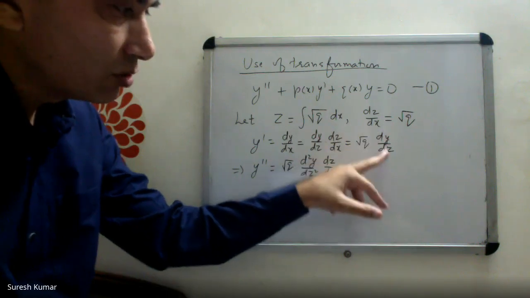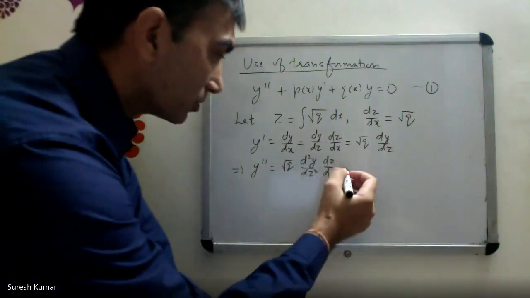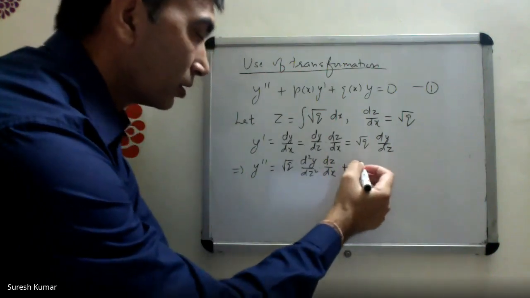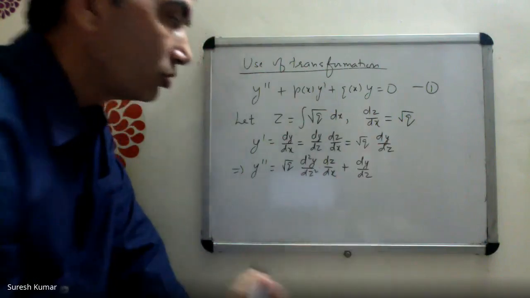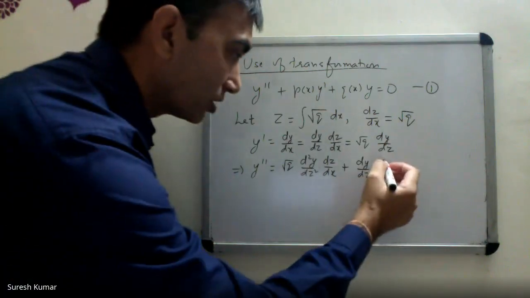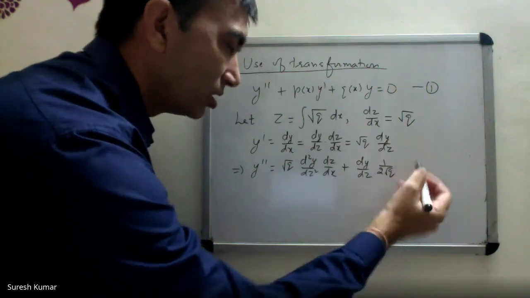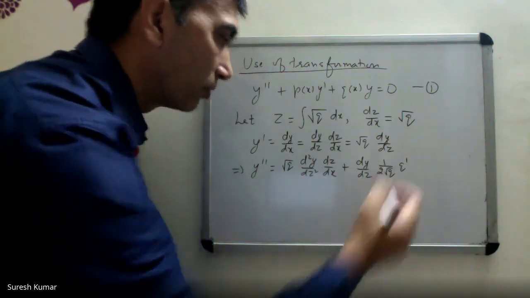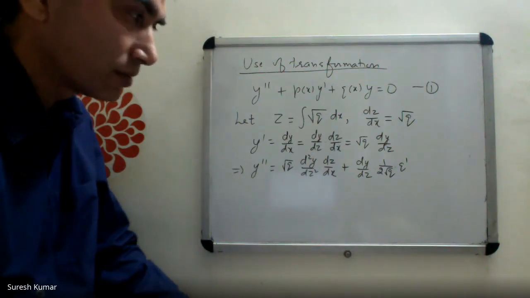Plus dy over dz as it is, times the derivative of root q with respect to x. What is that? 1 over 2 root q into dq over dx, or simply q prime. q is a function of x.